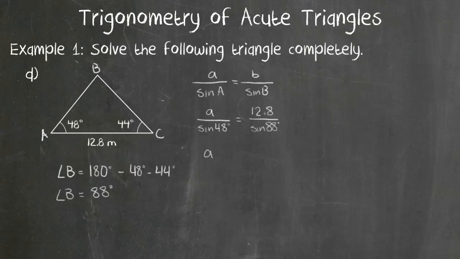I multiply both sides by the sine of 48 to isolate for A, so A will equal 12.8 times sine 48 over the sine of 88 degrees. Then I can evaluate that using my calculator, and I get an approximate value for A of 9.5 meters.